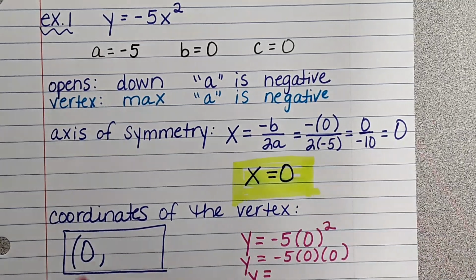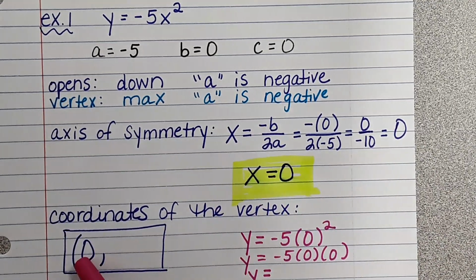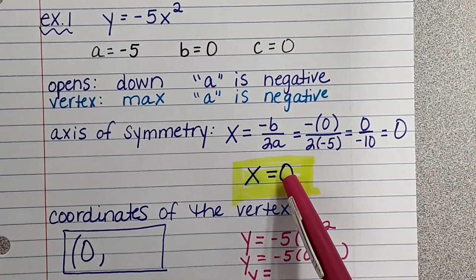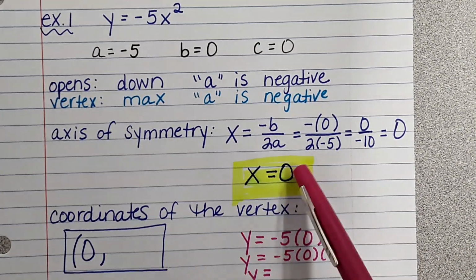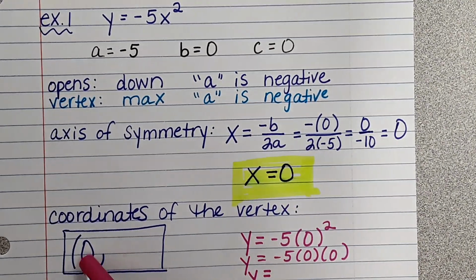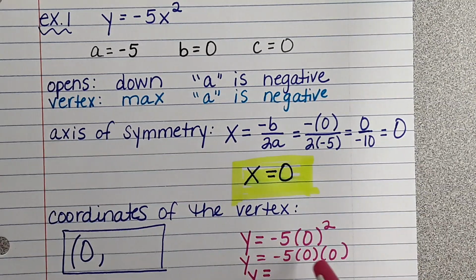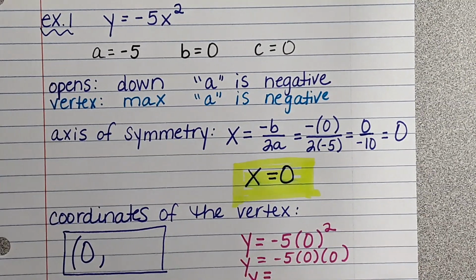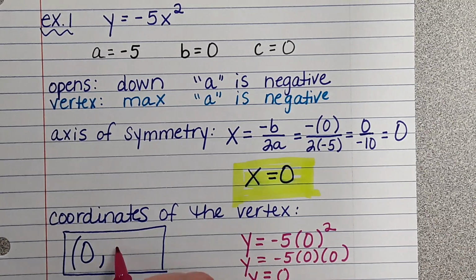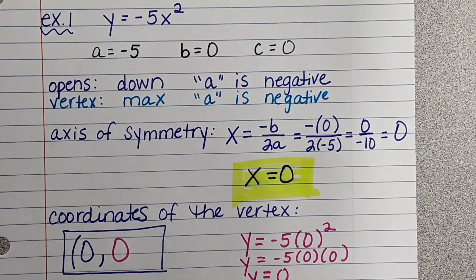This number and this number always match. So if this was a 5, you would put a 5 here. Because this is a 0, I'm going to put a 0 into my equation. Well, what is negative 5 times 0 times 0? What is it? 0. So that means my vertex is 0, 0.